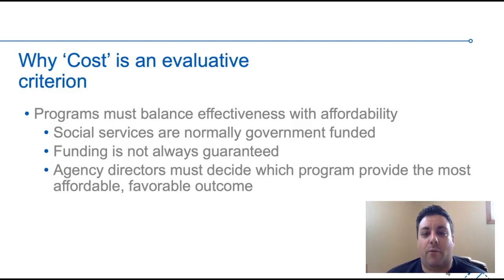In other words, benefit would outweigh the cost quite substantially. That's not always the case, because often we work with challenging populations, and there's a substantial amount of cost and effort involved in even modest amounts of outcomes. So as I said a second ago, programs really have to balance effectiveness with affordability.